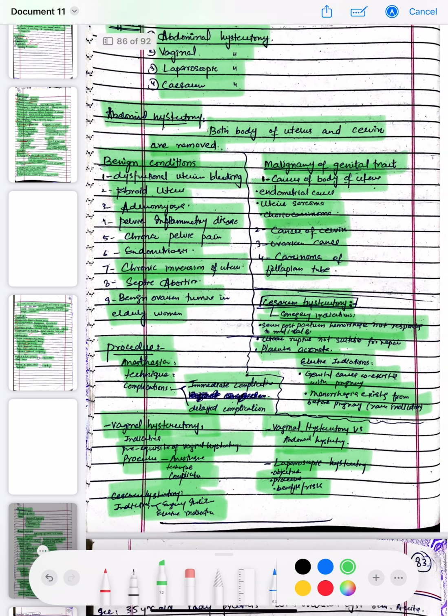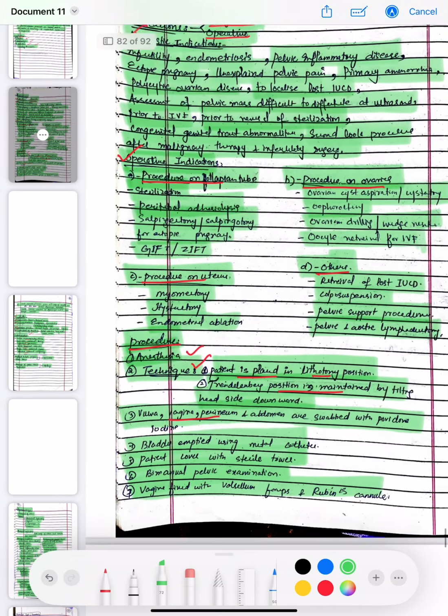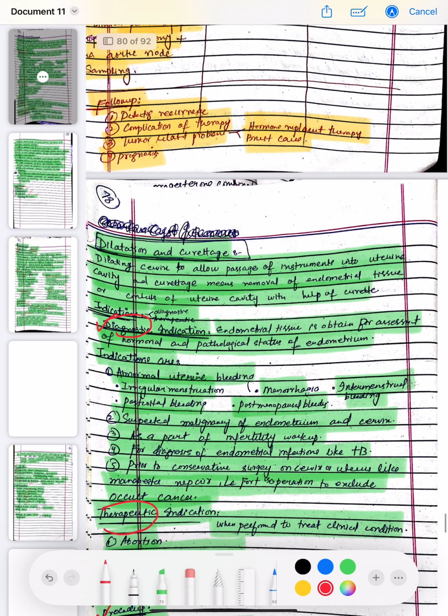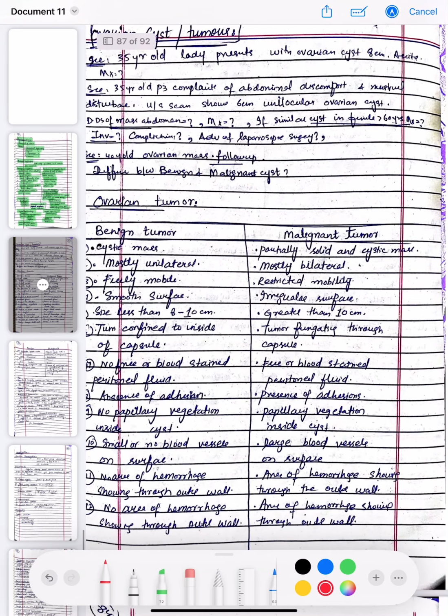So we have discussed the three main procedures: the first one is dilatation and curettage, D and C, the second one is laparoscopy, and the third one is hysterectomy. These are the major procedures that are done in the field of gynae, and we should know a little bit of introduction about these procedures. We have left one topic, that is ovarian cysts or tumors.